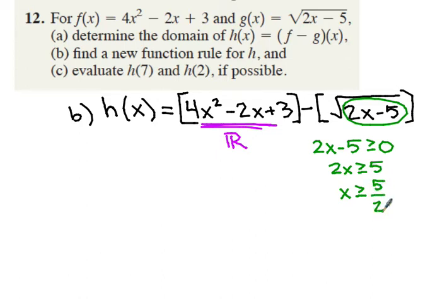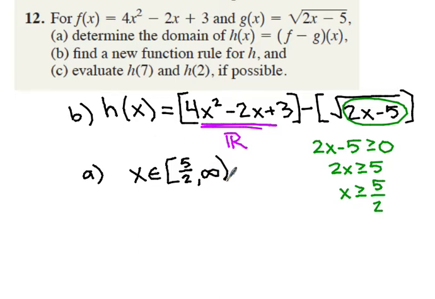And so our overlapping region, since for f of x I can do anything I want, is really just this square root function. And so our new h of x domain, so part A of this question, is going to be all of our values that are greater than or equal to 5 halves, which in interval notation we can write as such. Okay, so there's our domain.